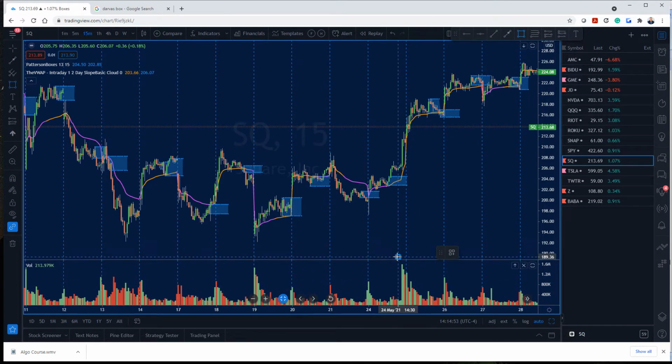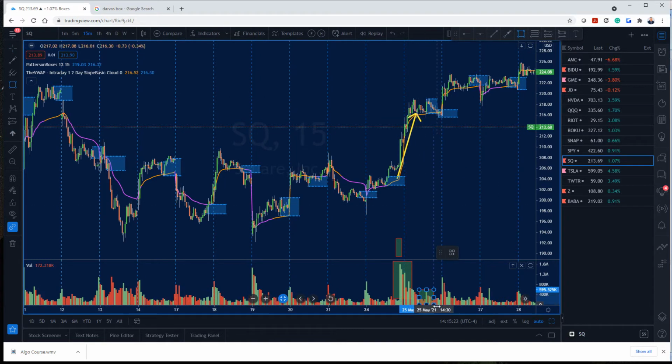After you get the big volume and the directional move, this is really important, you'll notice that price goes sideways and volume dries up.